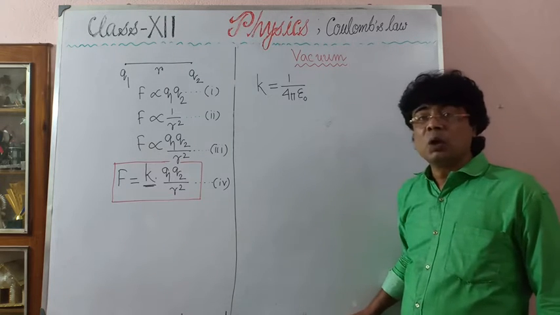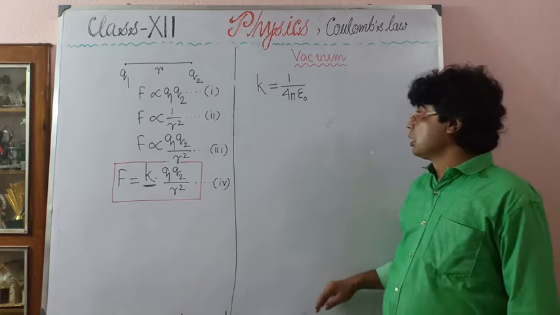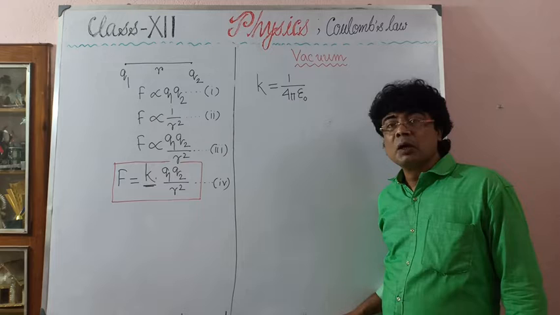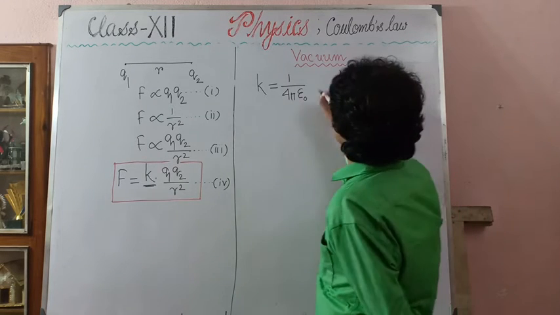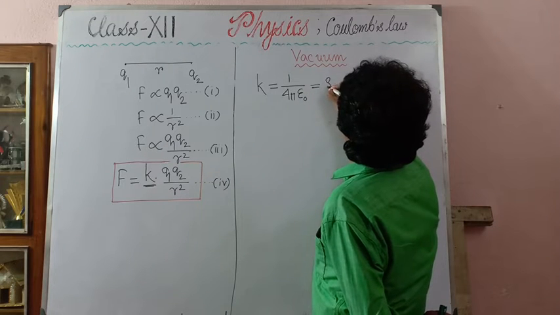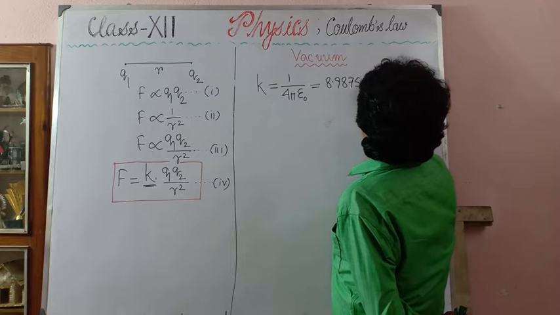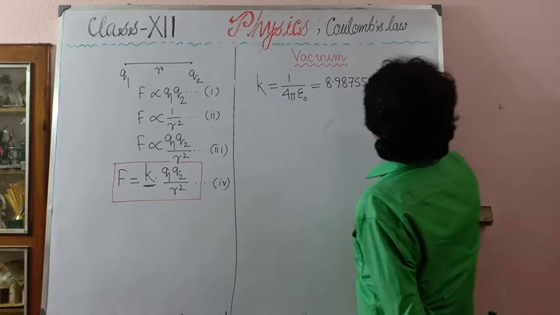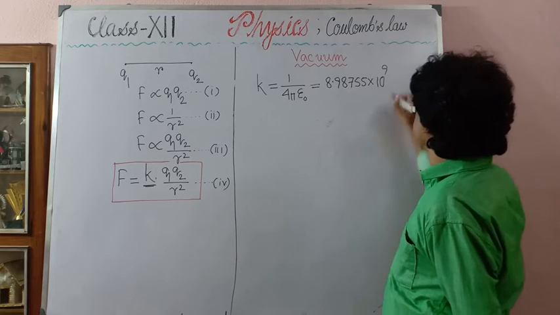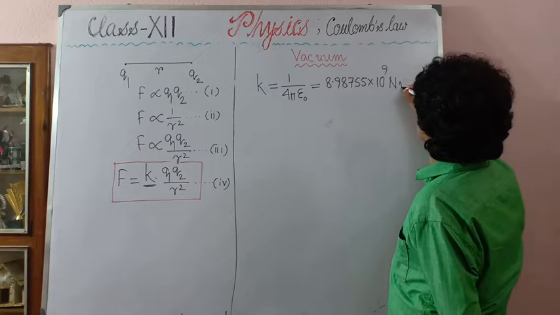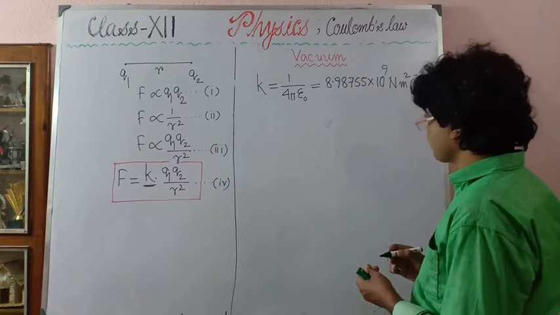The value of the electrostatic constant in SI units for vacuum is experimentally found to be 8.98755 into 10 to the power 9 Newton meter square per Coulomb square.